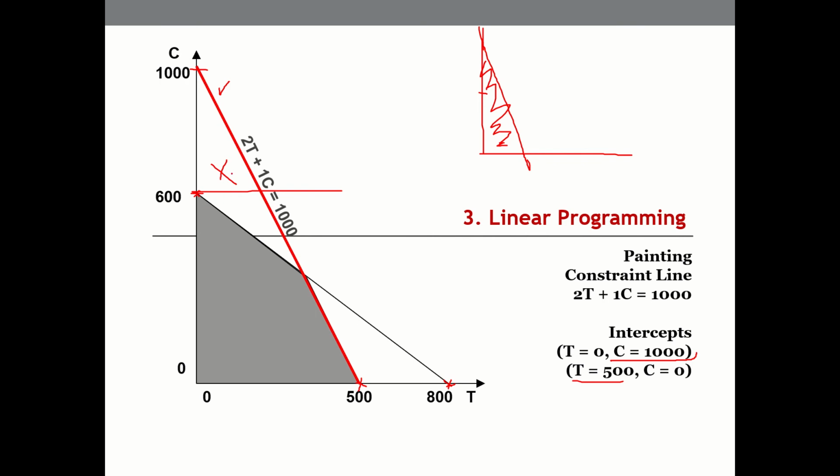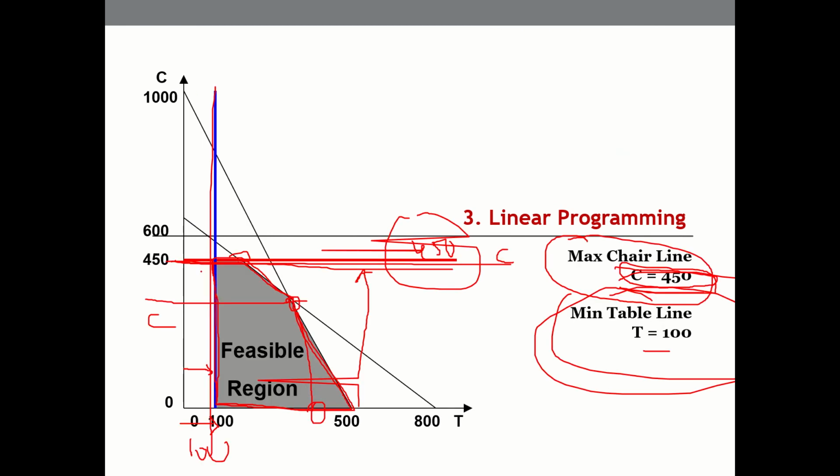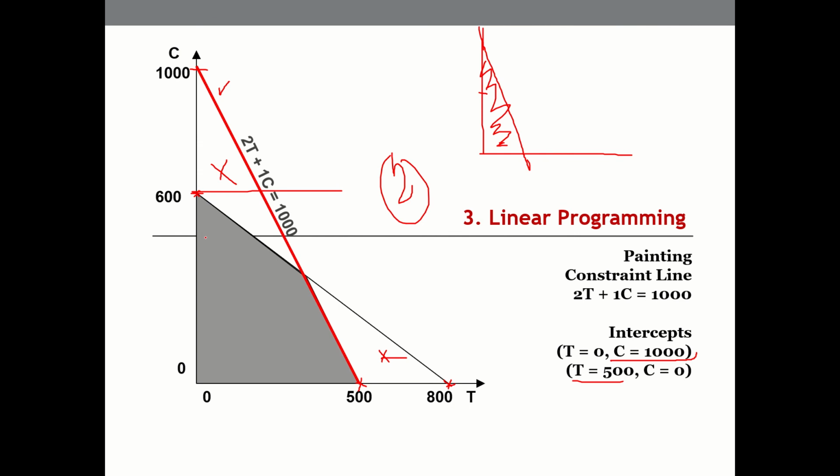This is beyond the feasible region. Even this is beyond the feasible region by taking only painting hours into consideration. Second step. Third step, we said these are also feasible region. If you superimpose two constraints, carpentry time and painting time, this is also feasible region.